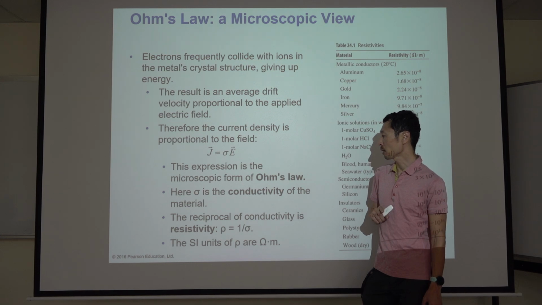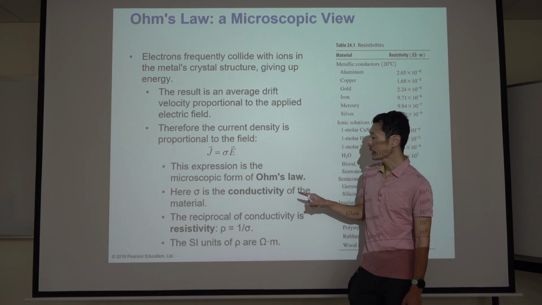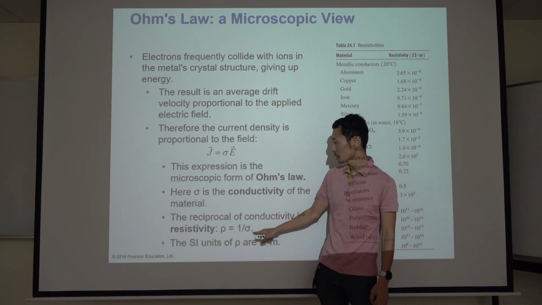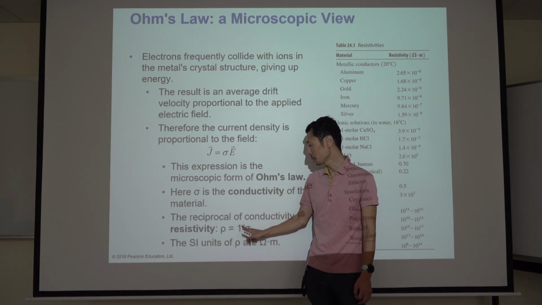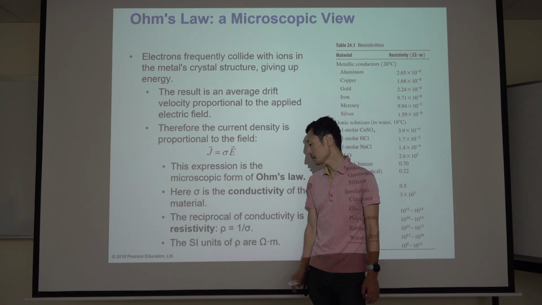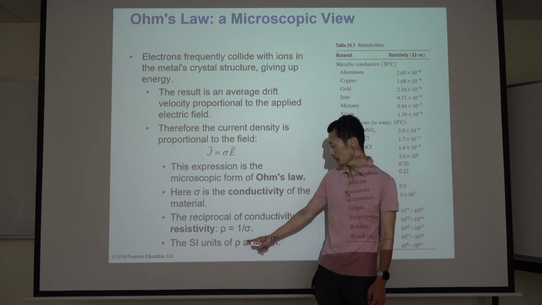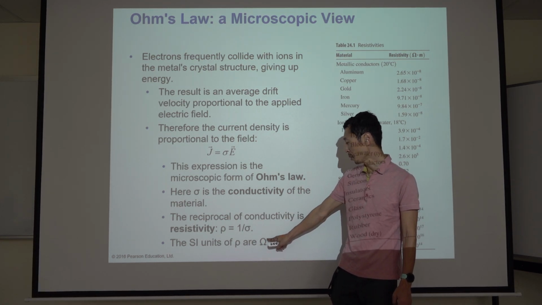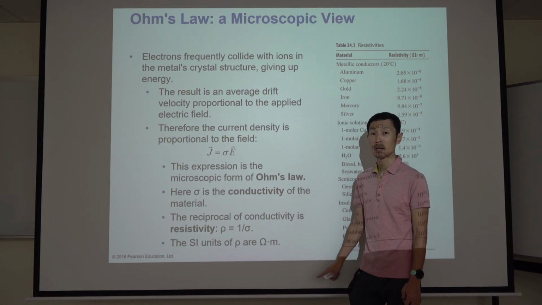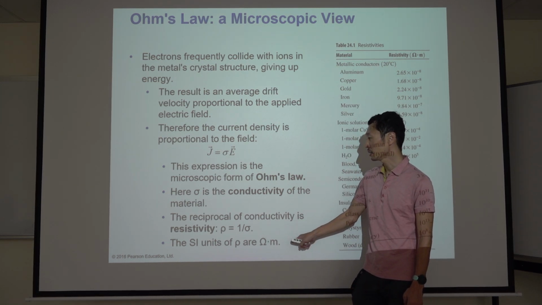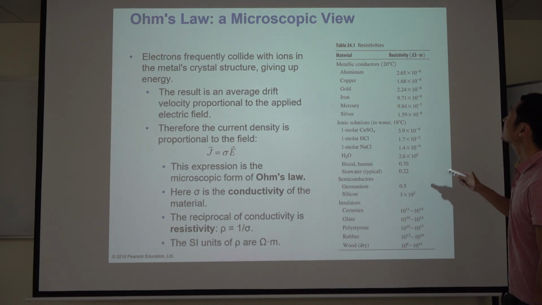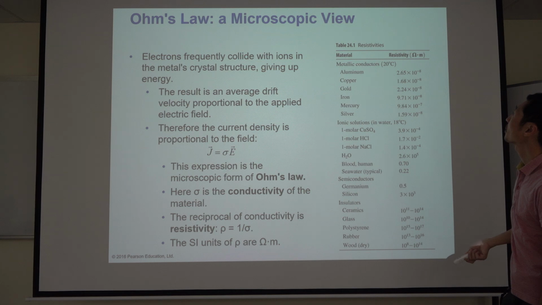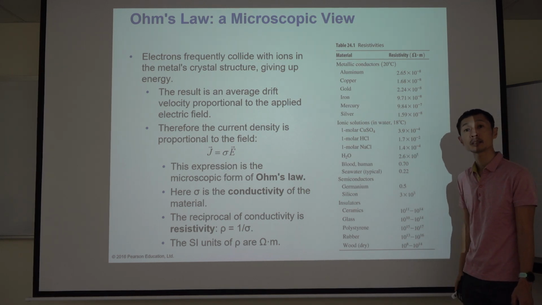The reciprocal of conductivity is resistivity. So the inverse of the conductivity is resistivity. Rho equals 1 over sigma. The SI units of rho are ohm times meter. So this is resistivity. Here are the resistivities for various materials.